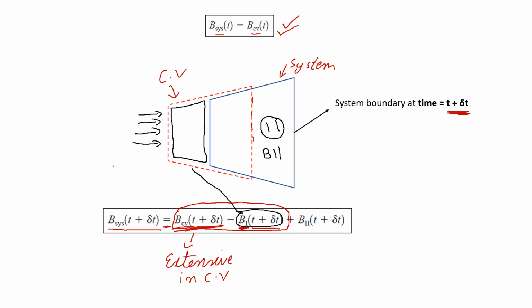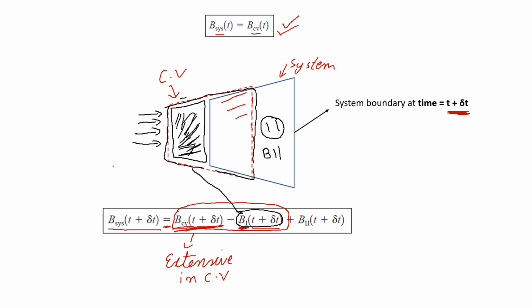So here again I am subtracting this region from this whole control volume. As you can see in the equation, if from this whole control volume I subtract this region, what will I get? As per the equation, if from this control volume I subtract this region, I will get this region.